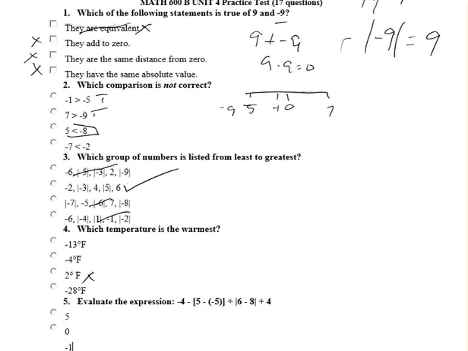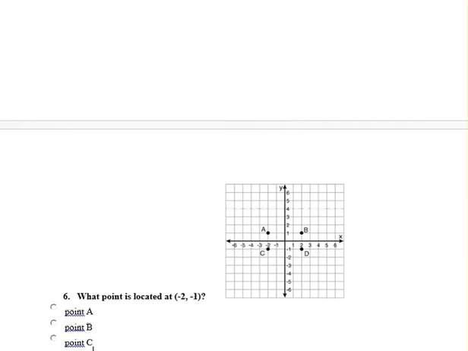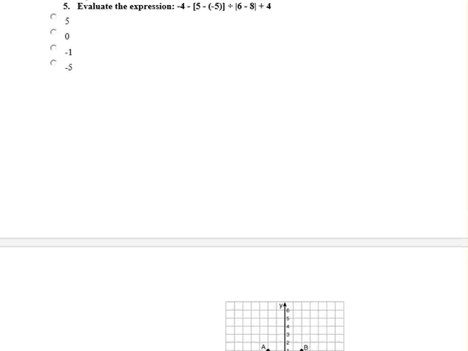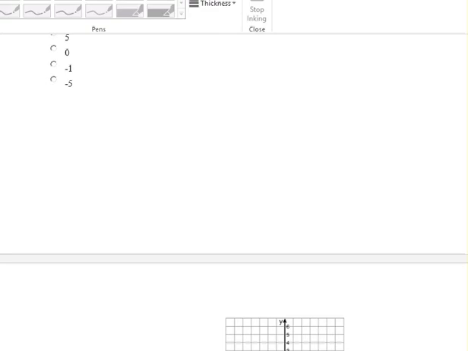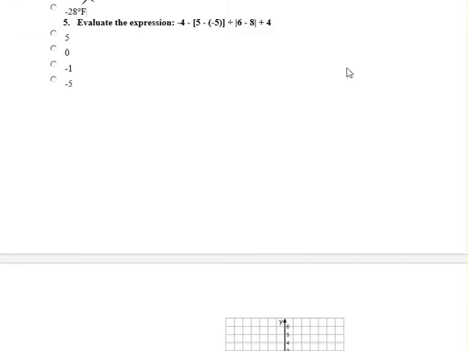Whoa, we jumped. That's why I hate doing this. Okay, number 5, evaluate the expression. So this looks like an order of operations problem. Uh-oh. Back to no pen. Come on. And I think next I have to let the Word program tell me that it's not responding.